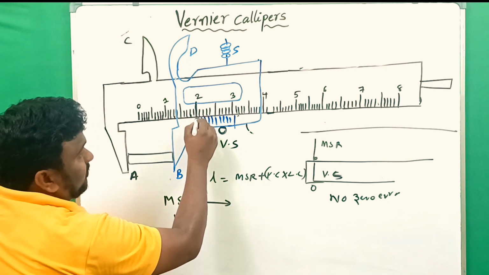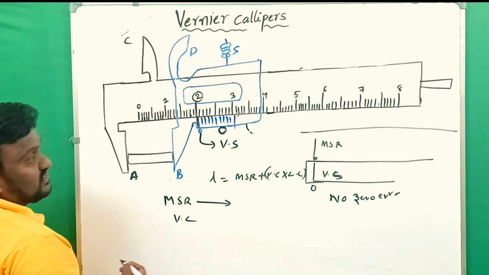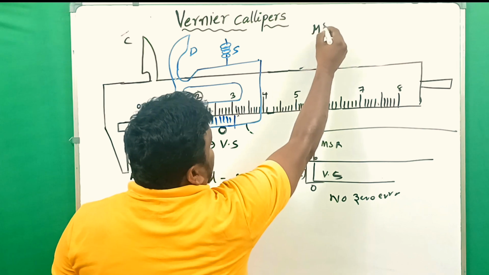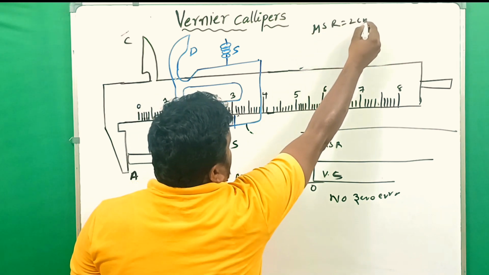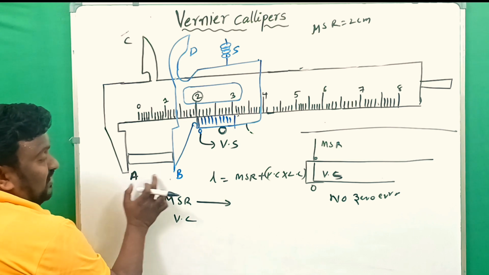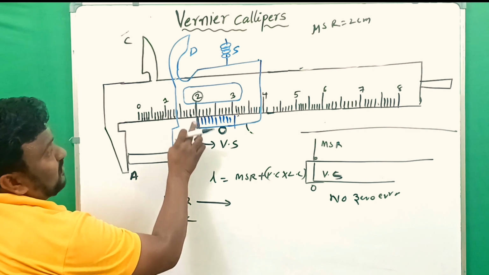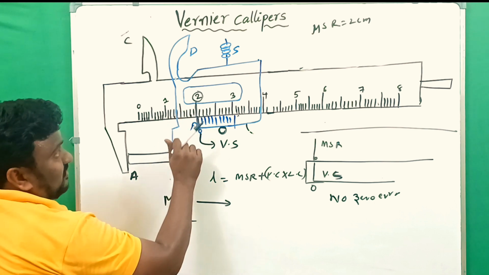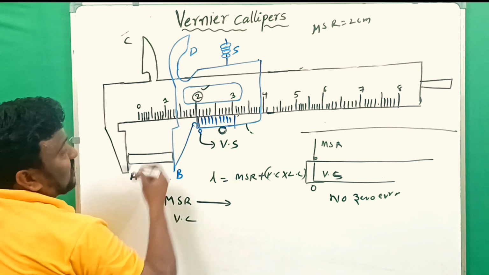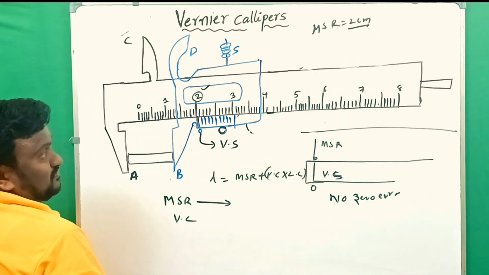The zero division of the vernier scale coincides with 2 centimeters. Then MSR is 2 centimeters.